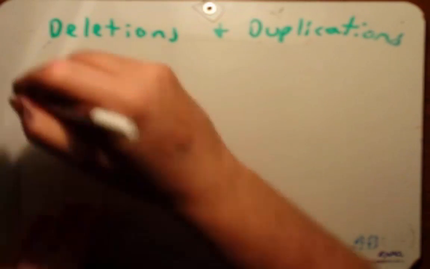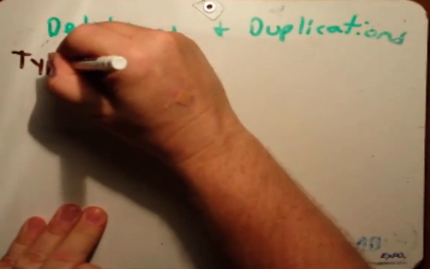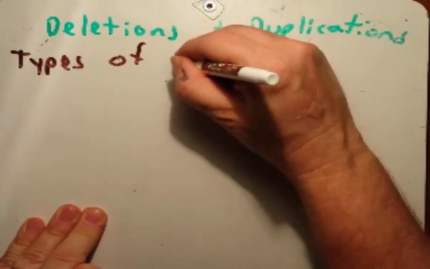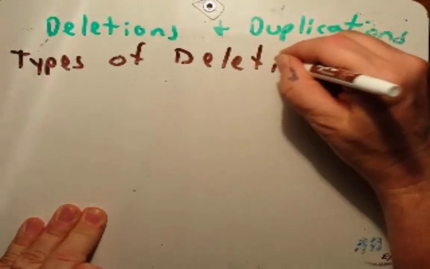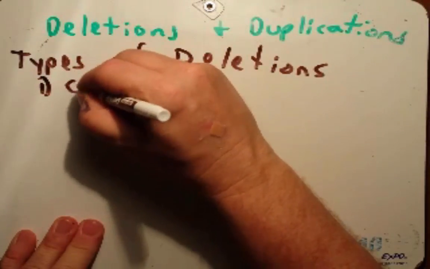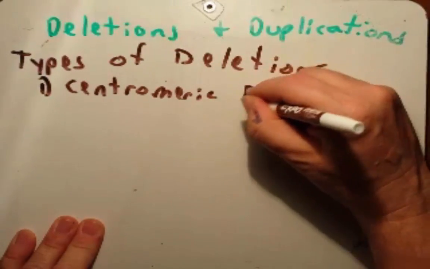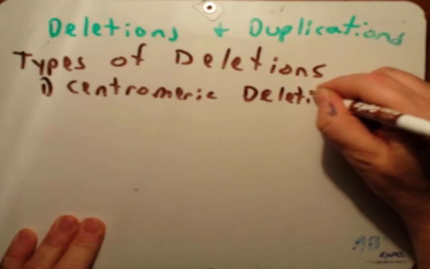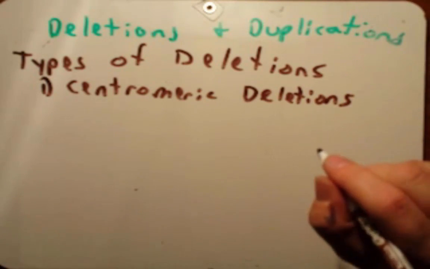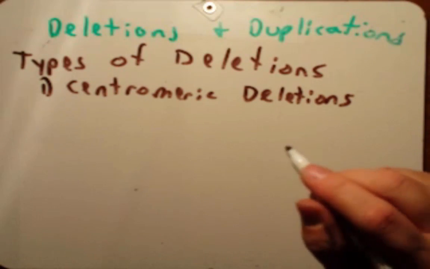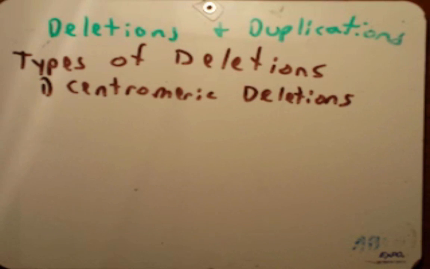And let's talk about the different types of deletions. We can have a centromeric one. And remember, we said the centromeric deletions typically are rather problematic, because if they've lost the centromere on one of those chromosomes, it's going to be lost during mitosis or meiosis.